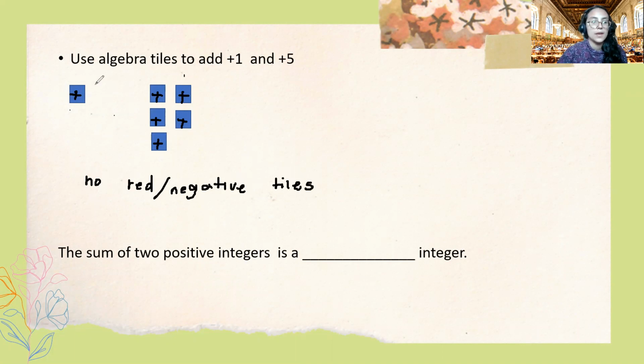So when we add 1 positive blue tile plus 5 positive blue tiles, it will give us +6. See? Because this is what is left over. This is what we would add together because there are no red or negative tiles for us to pair off and cancel out.